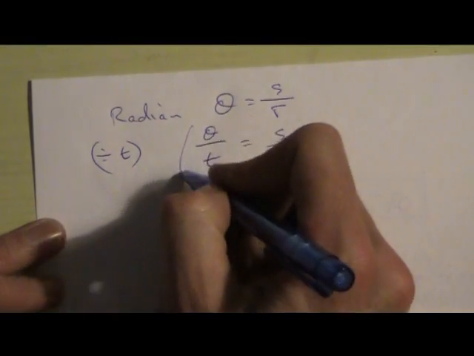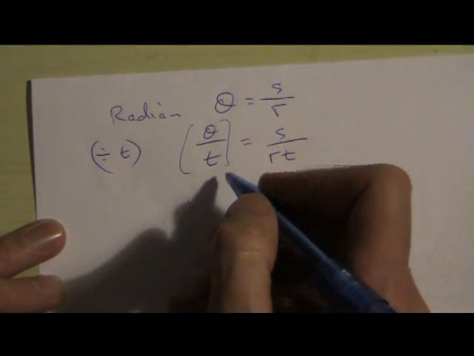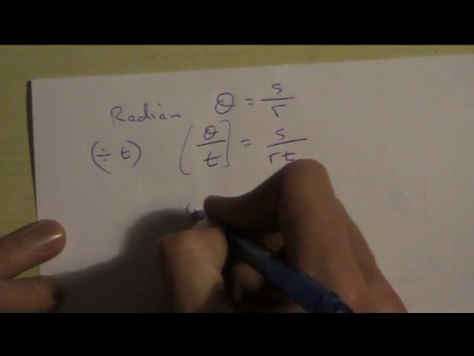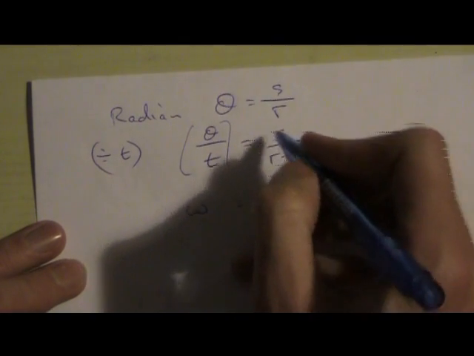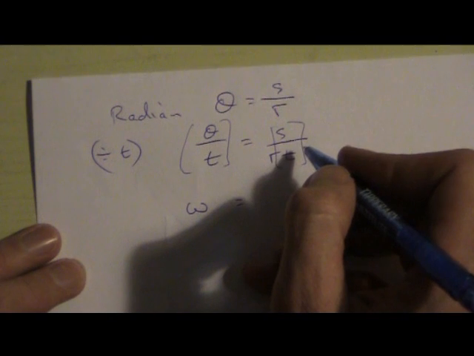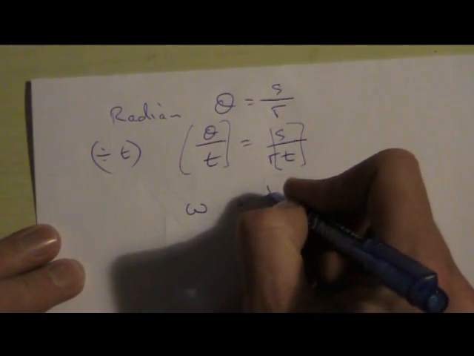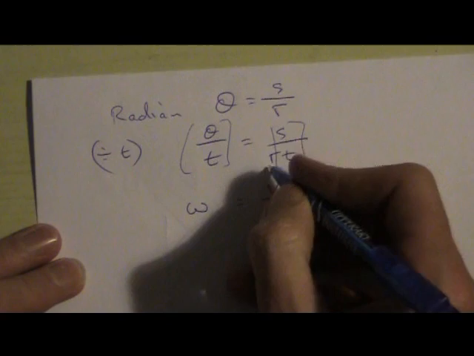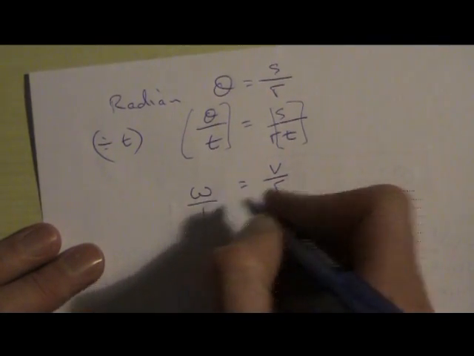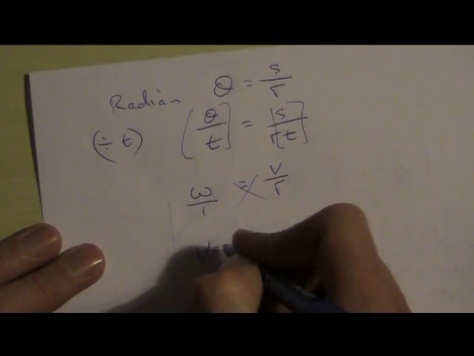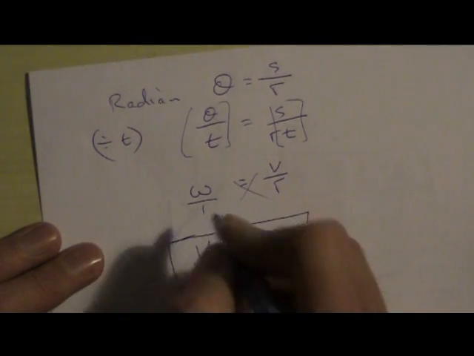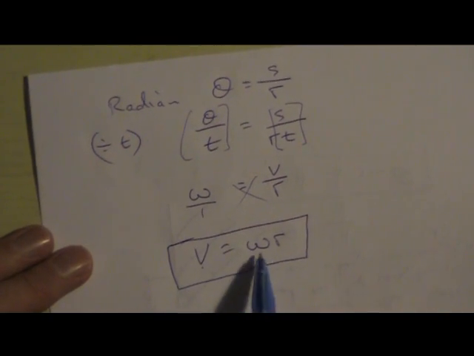Now the angle divided by t is our angular velocity, how quickly the angle changes. And look at this, s over t, distance over time, is velocity, isn't it? So velocity over r is still under the line there. Now we're looking for v, so just cross multiplying, that's like omega over 1. Cross multiply, and we get v is equal to omega times r. And there's our equation for converting between linear velocity and angular velocity.